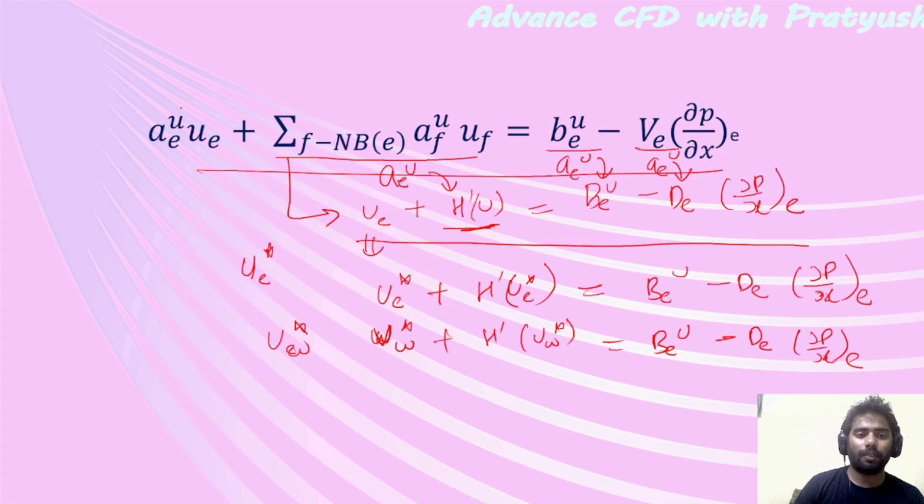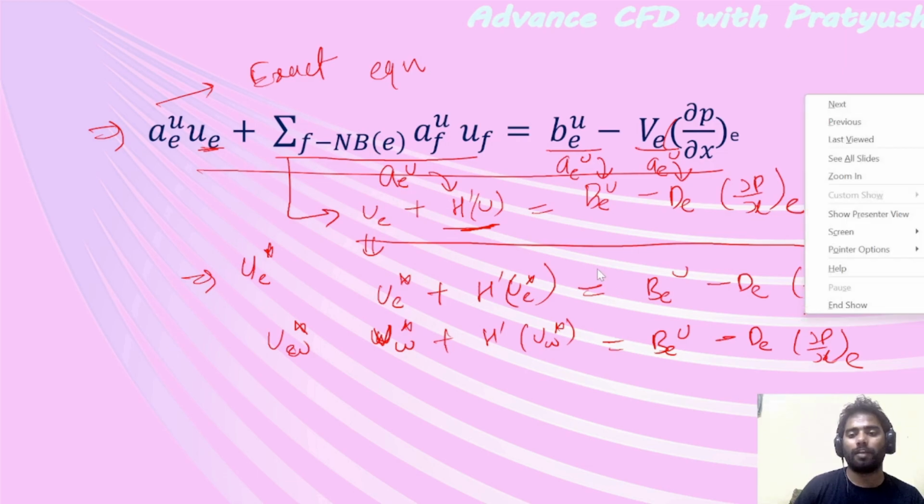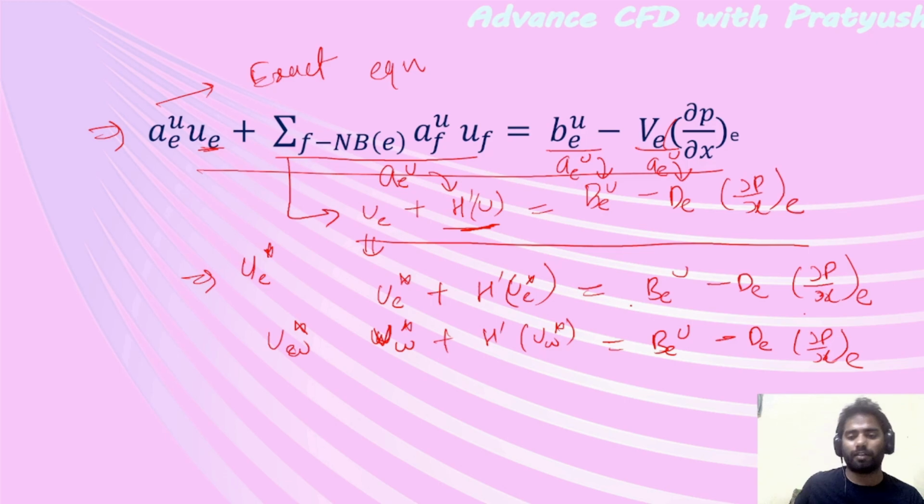Now remember, this is the exact equation. But we are getting this solution, so this solution u_e star and this u_e are not the same. This is the exact form of the pressure equation, but here we are solving the pressure equation by taking the values from the previous iteration.